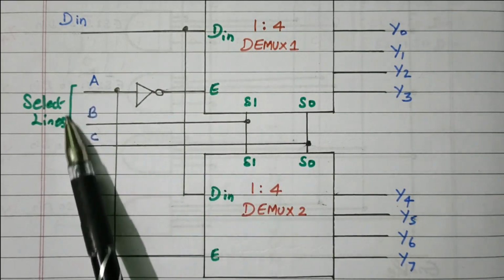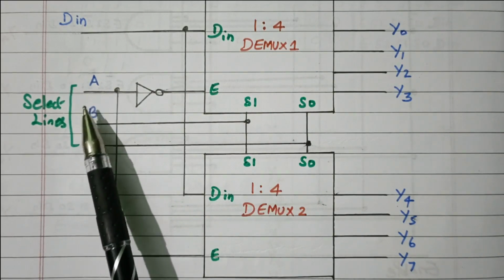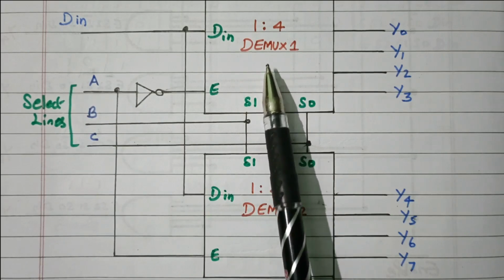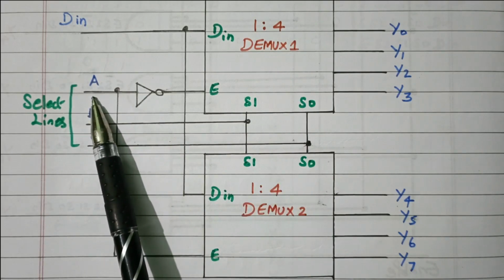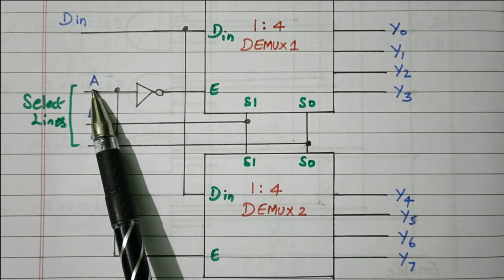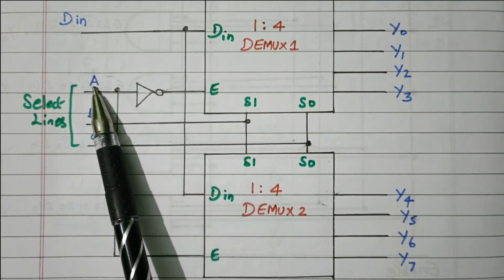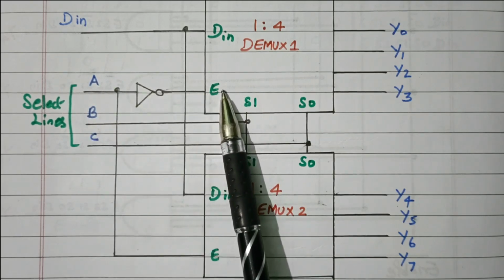And the selection lines. These are 3 selection lines for the 1:8 demultiplexer. But for a 1:4 demultiplexer we need only 2 selection lines, so the first one, the most significant bit, is used for enabling the demux, right? If A is given through the NOT gate, if A equal to 0, here it becomes 1, so demux 1 will be enabled.